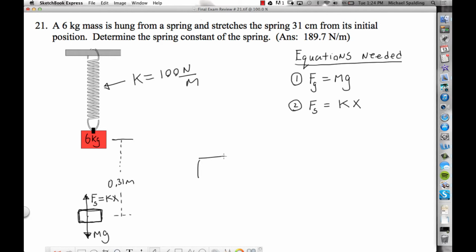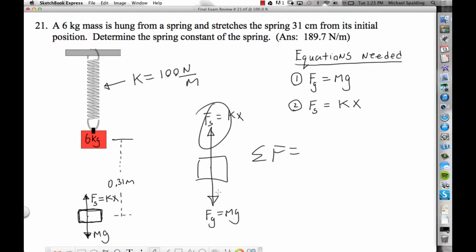So basically, what we have is when the mass is hanging there, we got force of gravity down, which is mg, and then the upward force is the force of the spring, which is kx. Now, sum the forces. What must be true about these two forces? They're going to be equal, but let's do it the superphysics way.